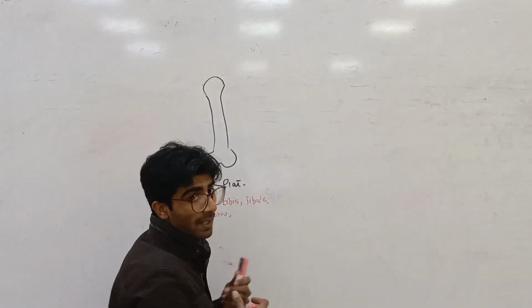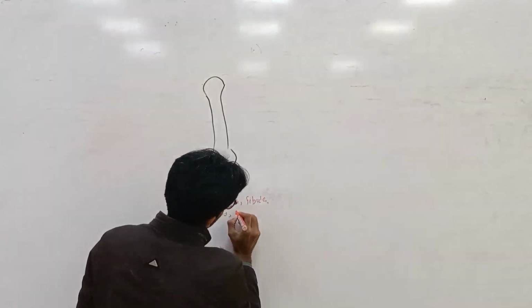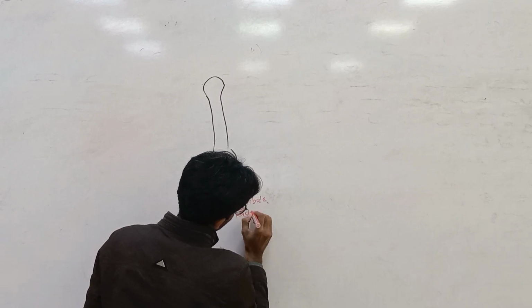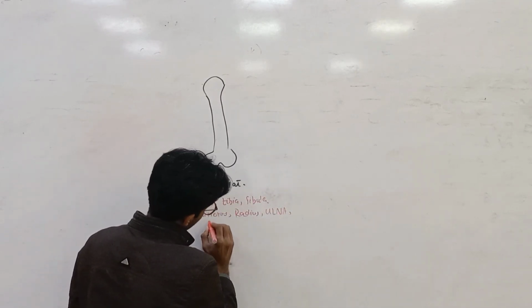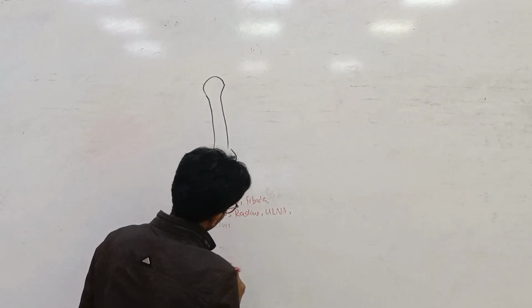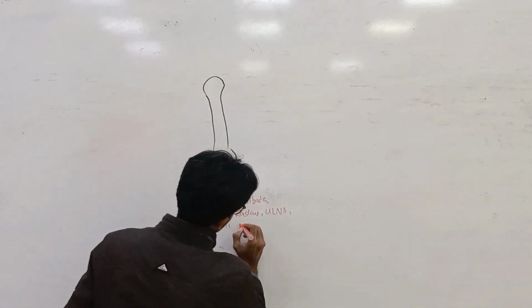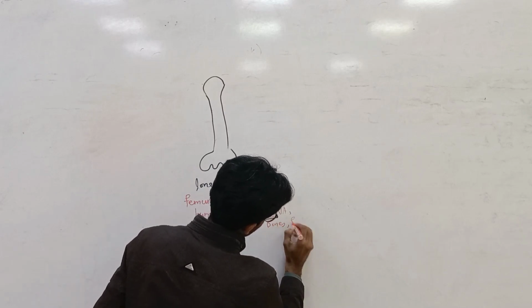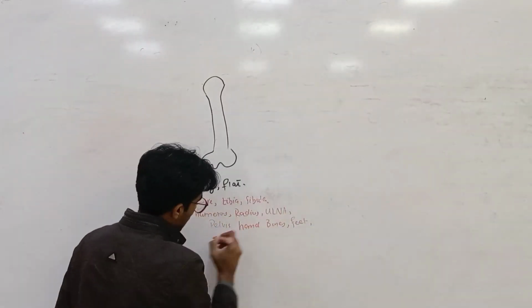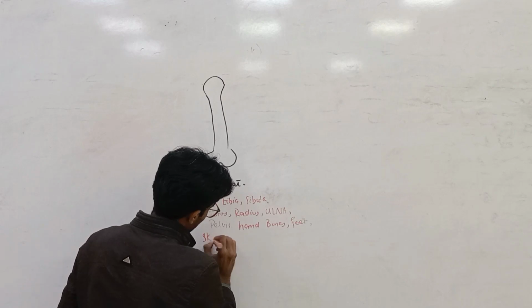These kinds of bones are present in the human body. Radius, ulna, pelvis. Look at our hand bones and feet bones also, and our skull bone.